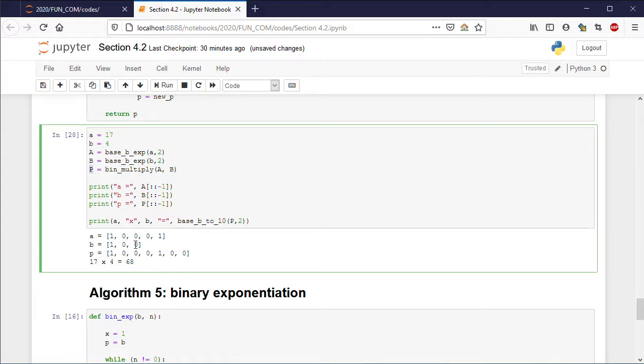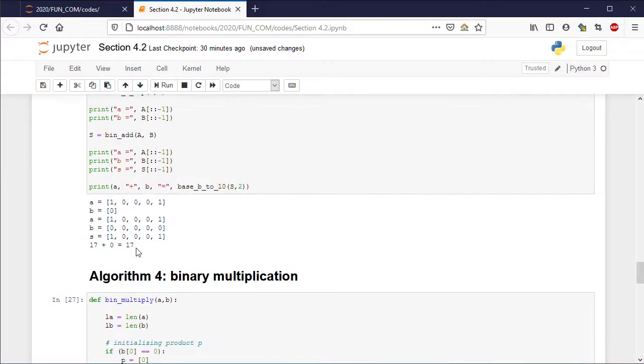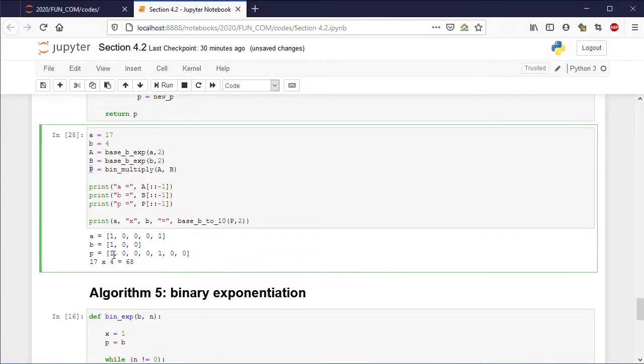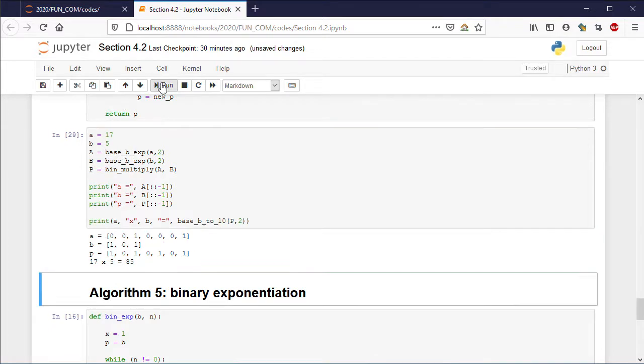B is 1, 0, 0. We have shown this in previous examples, right? And following that, P equals 1, 0, 0, 0, 1, 0, 0. The corresponding formula in decimal is that 17 times 4 equals 68. So we can change this to other numbers like 17 times 5, which is going to be 85, and so forth.